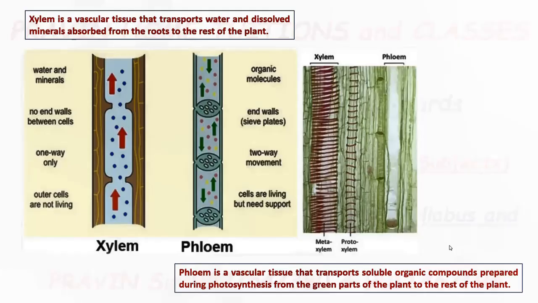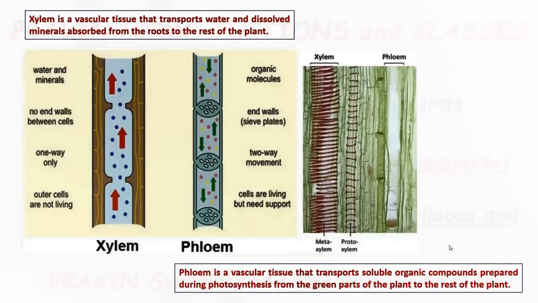Xylem is a vascular tissue that transports water and dissolved minerals absorbed from the root to the rest of the plant. Phloem is a vascular tissue that transports soluble organic compounds prepared during photosynthesis from green parts of the plant to the rest of the plant, and there are some difference points between these two tissues.